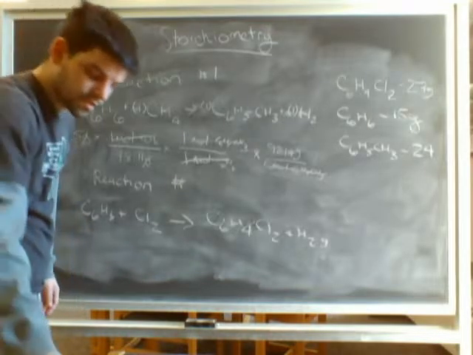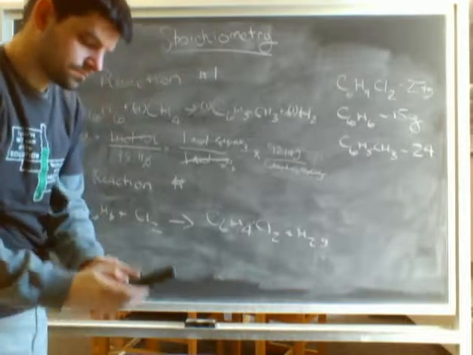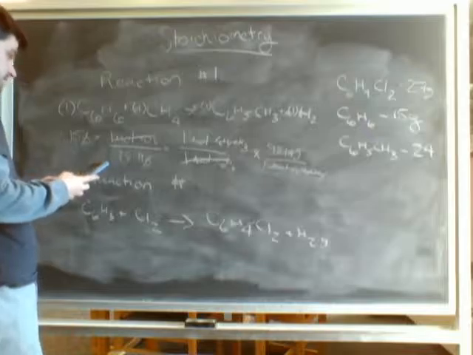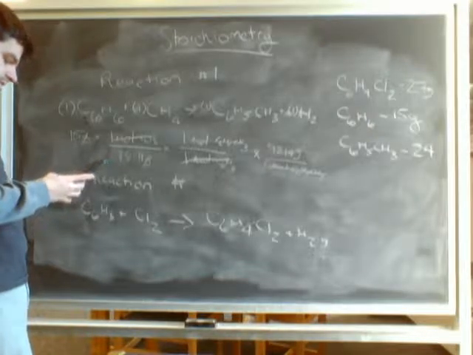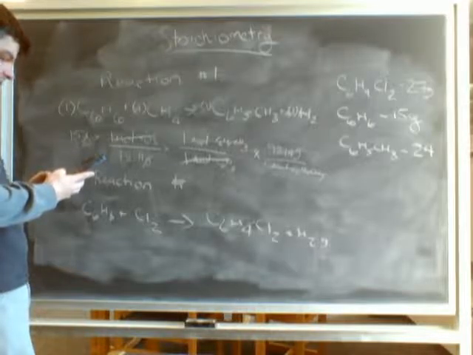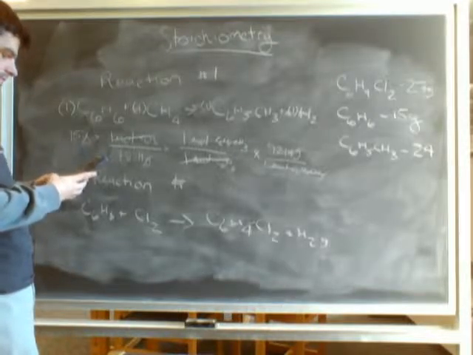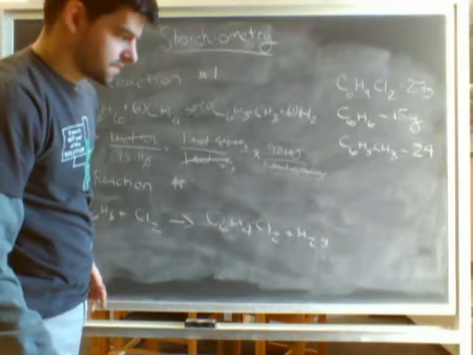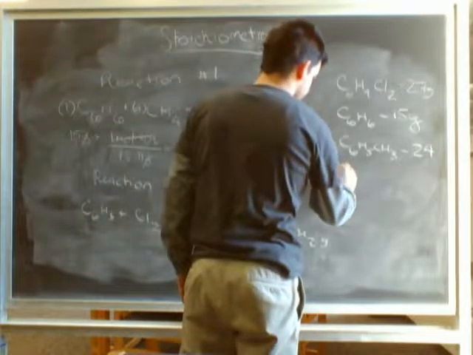Okay, so now we can plug and chug the numbers. Let's say 15 divided by 78.11 times 92.14, 17.69 grams.